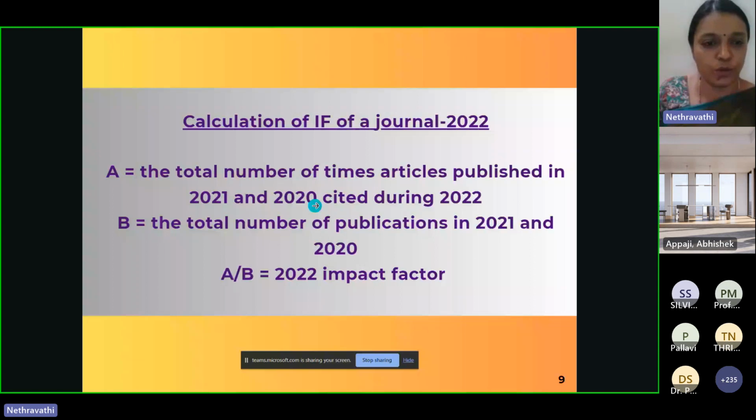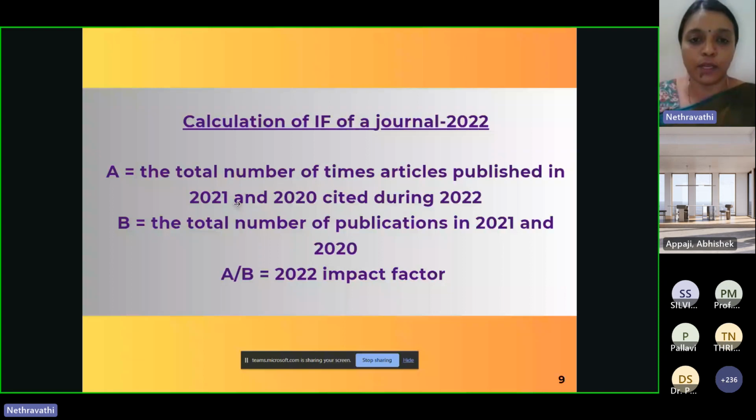So we have to know two parameters, A and B. What is A? A is the total number of citations for 2 years. I told you that impact factor is calculated for the two preceding years.